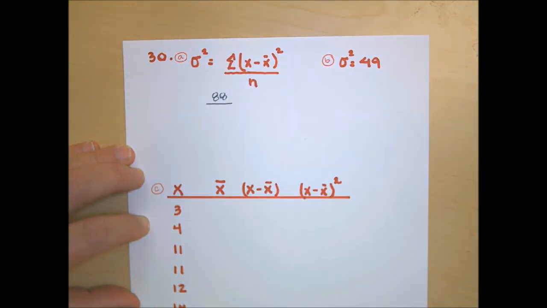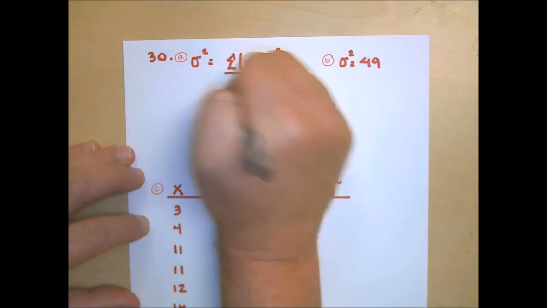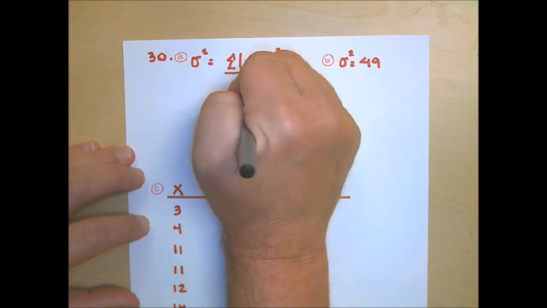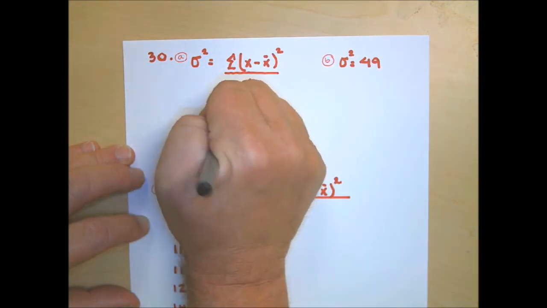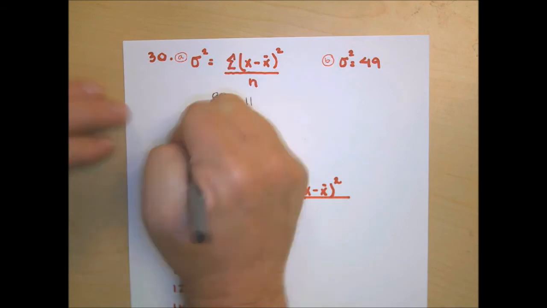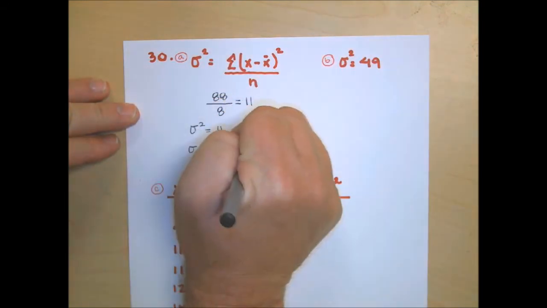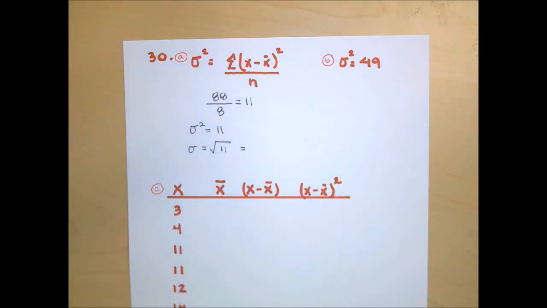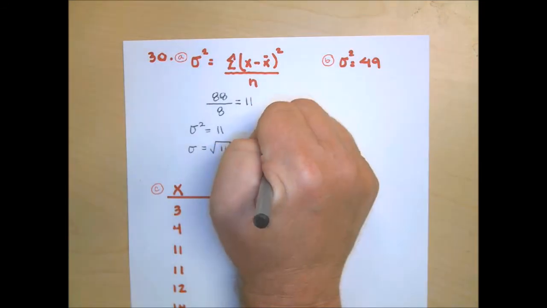And we're then going to divide that by the n, which they also gave us. So 88 over 8 equals 11. So now we know the variance equals 11. But they didn't want to know variance. They wanted to know standard deviation. So the standard deviation is going to equal the square root of 11, which is approximately 3.3.